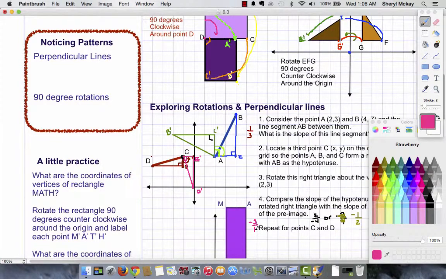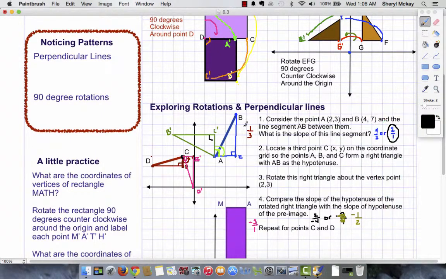Okay, so let's take a look at these two sets of slopes. I've got my first triangle that when I rotated this blue one 90 degrees, the slope of my pre-image was 2/1. And the slope of my rotated image, when I rotated it 90 degrees, was -1/2. First slope was 2/1.